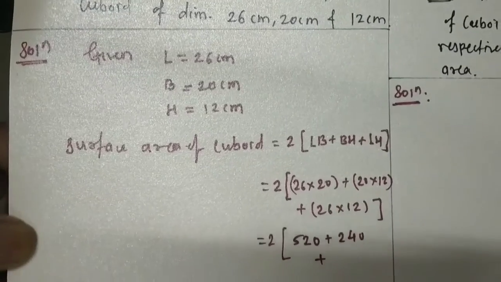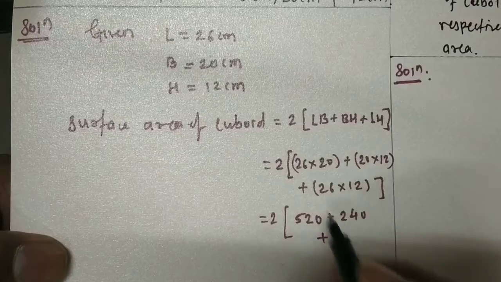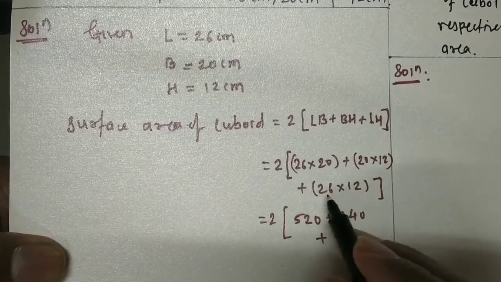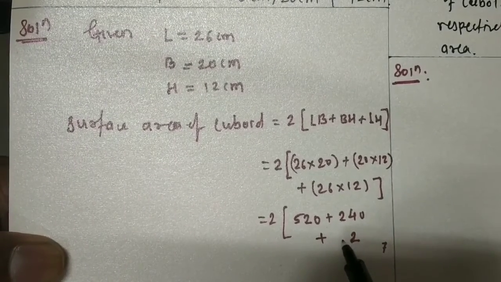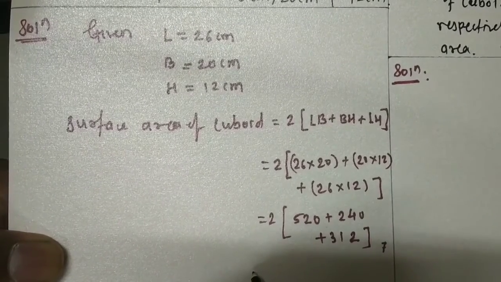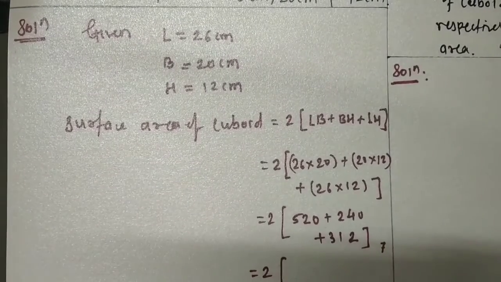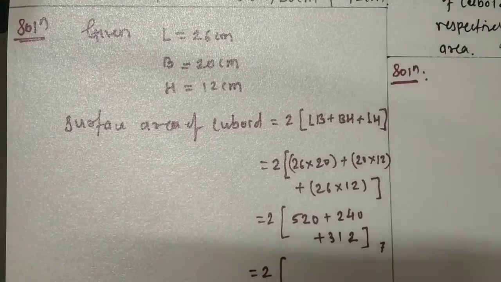And plus 12 into 26. 12 sixes are 72, and 12 twos are 24 plus 7 is 31, so 312. So what is this addition? 2 into (520 plus 240 plus 312).